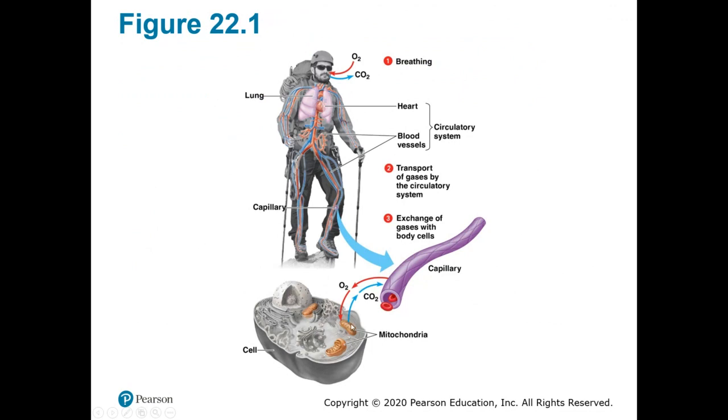It's thought that this was once a free living bacteria and that it became incorporated in eukaryotic cells over time, and now it's part of the cell. And if we look at the mitochondria, it's very similar to a bacteria. It has a 70S ribosome instead of an 80S ribosome like we see in human cells, and it also has the ability to create its own ATP, and it has a membrane around it just like a bacteria would.